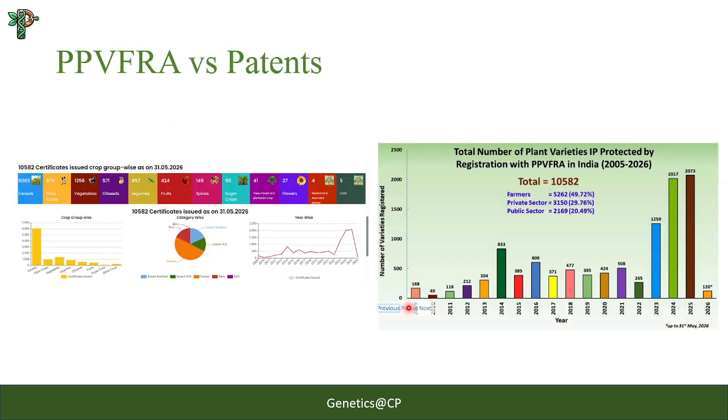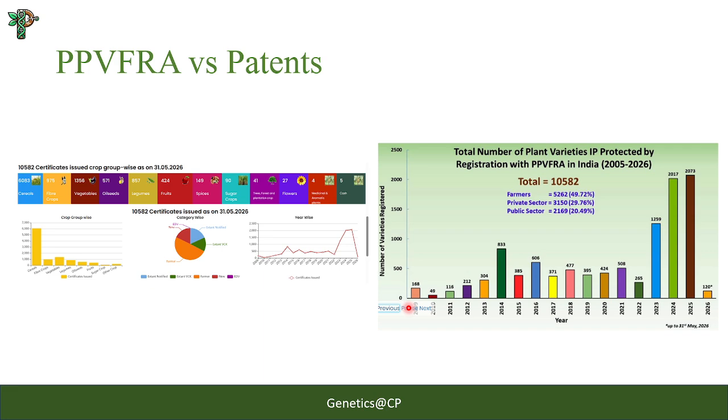Then another important aspect that you should read about is PPVFRA and patents. You should clearly know the difference between PPVFRA and a patent. You should also know why India has developed its own mechanism of plant variety protection, when it could have followed existing rules like the UPOV rules or some patent rules.